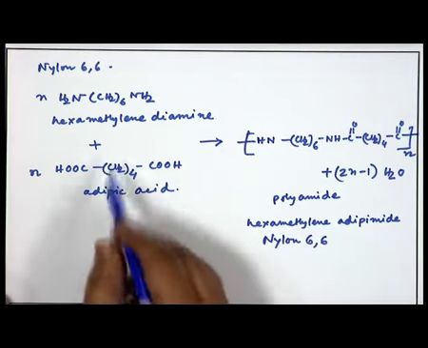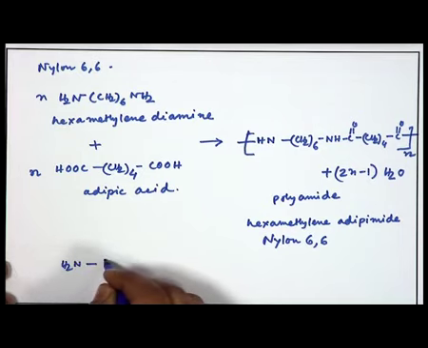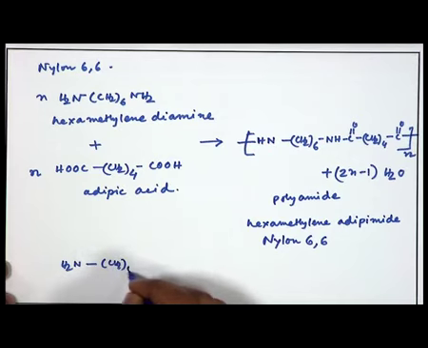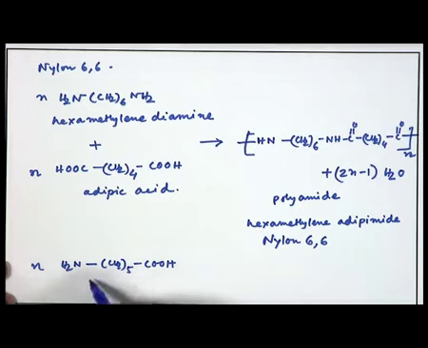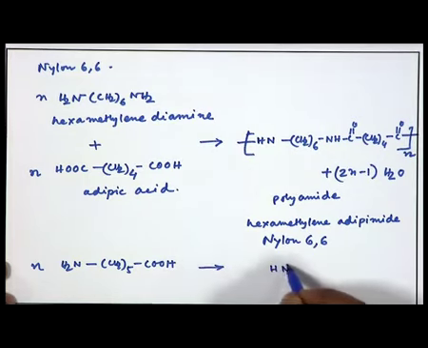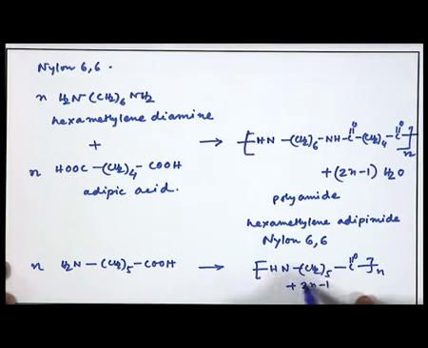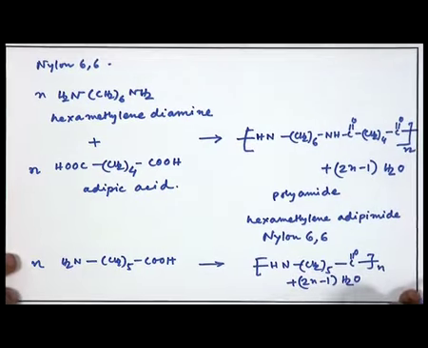So, for example, if you have something like an amine and COOH in the same molecule, then this can self condense among themselves and produce a polymer with a repeating unit structure like this.